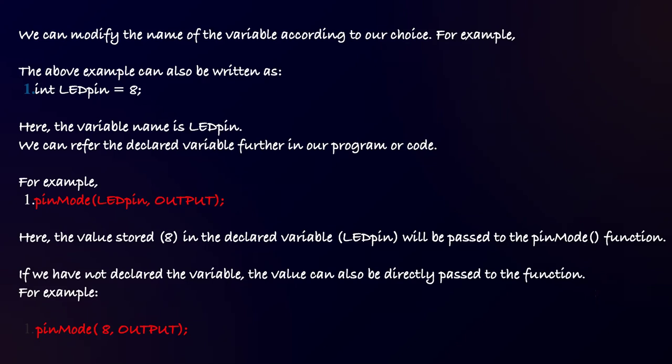If you have not worked with data types, you can declare it directly by writing pin mode 8 output. So in place of LED pin, which was set to 8, we are directly using the value 8.